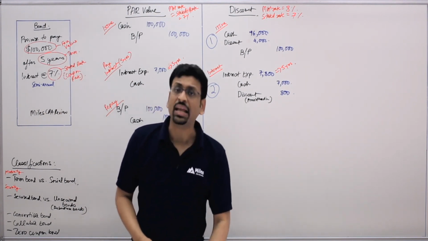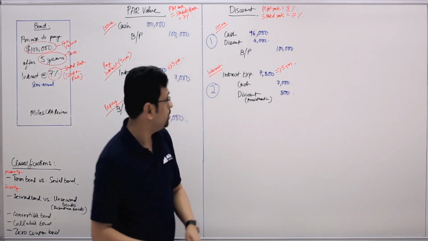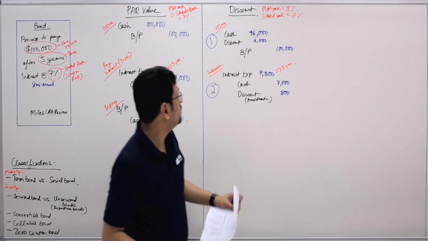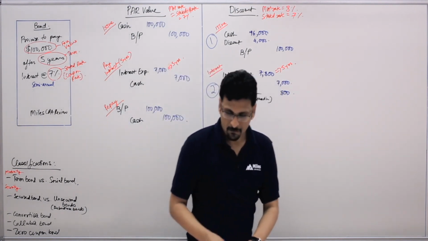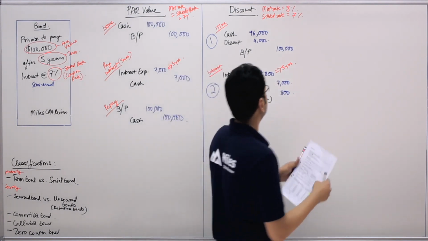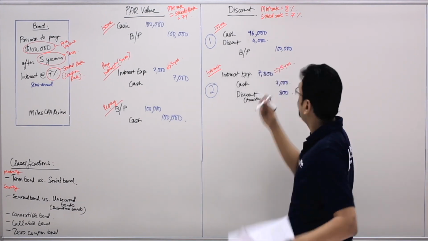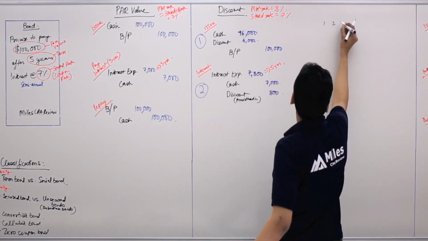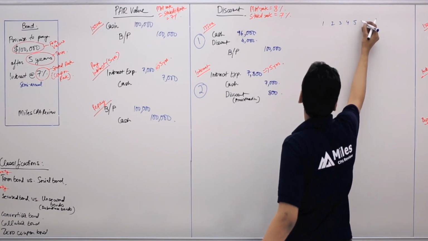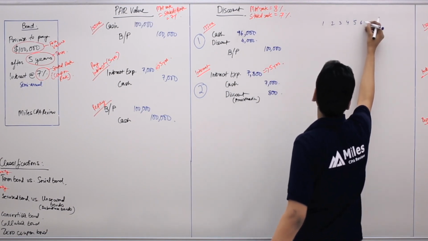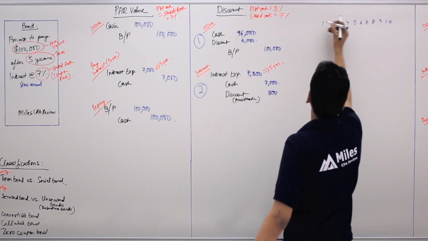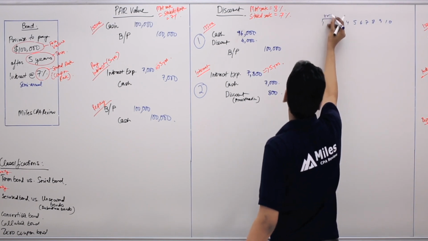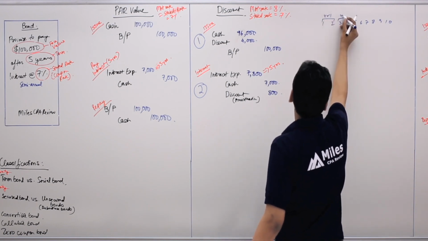So if we look at the cash flows from this bond, and if you look at the years now, let's say you have years 1, 2, 3, 4, 5, but 10 periods, 6, 7, 8, 9, 10. So periods 1 and 2, that's year 1. Periods 3 and 4, that's year 2.